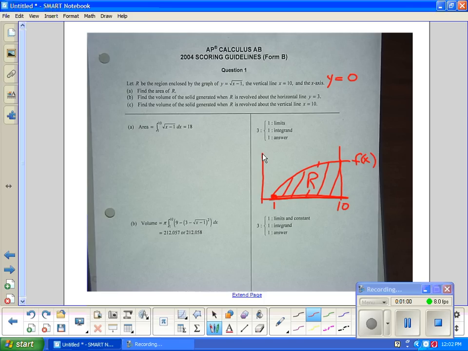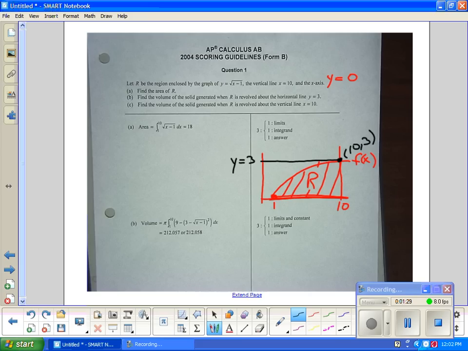Pretty quick. The next one is: find the volume of the solid generated when R is revolved around the line y equals 3. Now, the hard part here is that if you plug in 10, it helps you see this is the line y equals 3, and it hits at the point 10 comma 3.